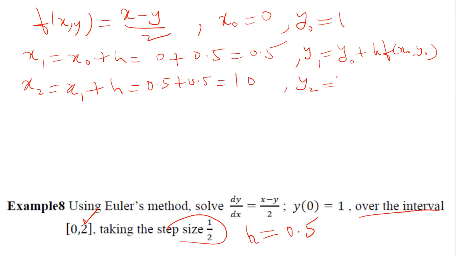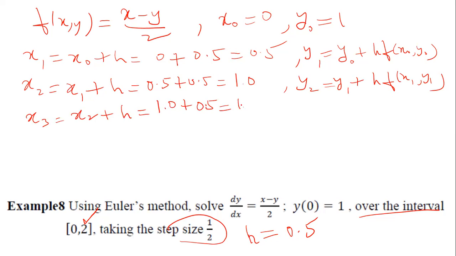You can obtain it using again the Euler formula, y1 plus h, f of x1, y1. And your x3 will be x2 plus h. So this is 1.0 plus 0.5, this will be 1.5. Your corresponding y3 will be y2 plus h, f of x2, y2. Like this, you can obtain.